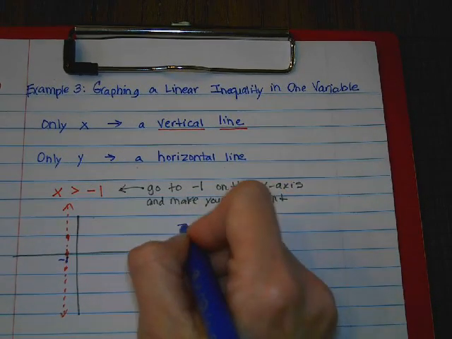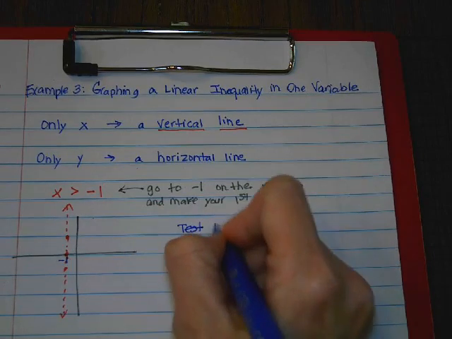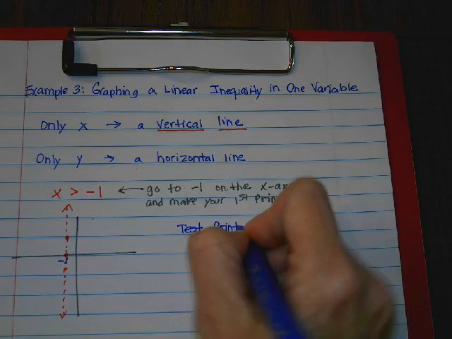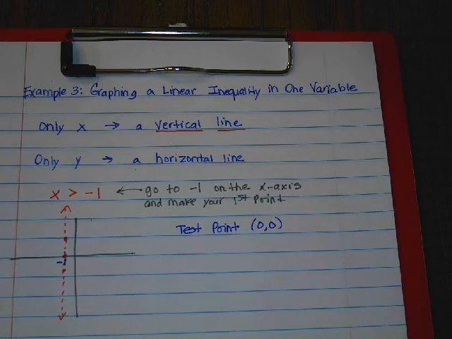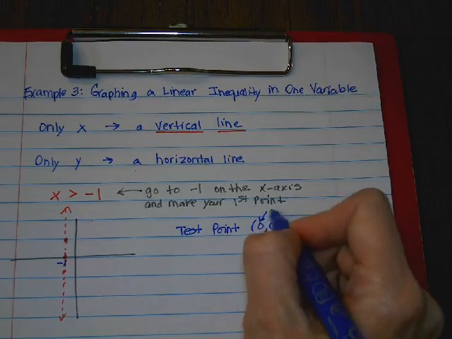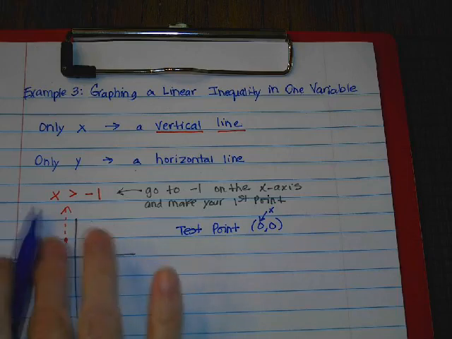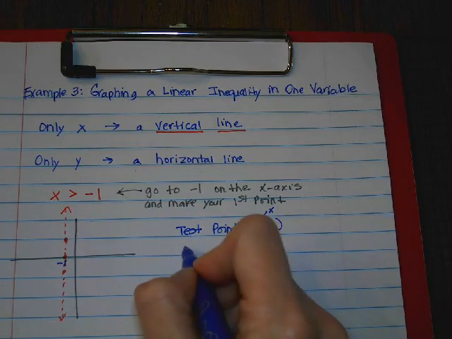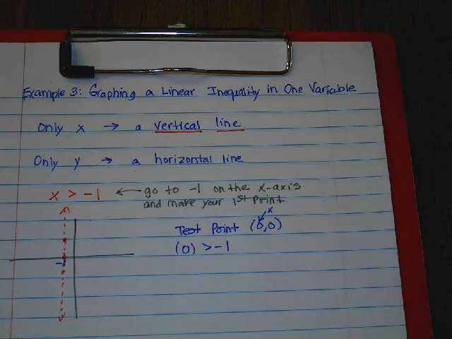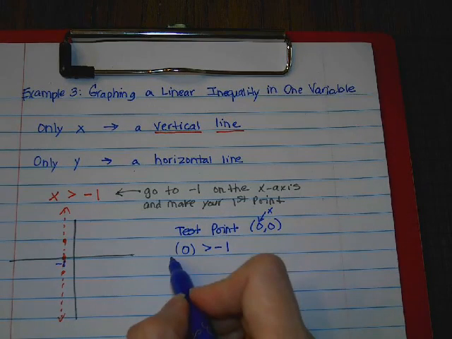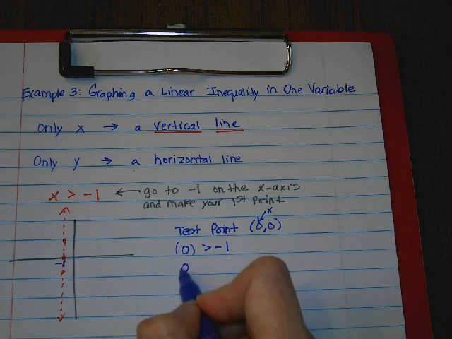But we could still do this with a test point. We could still use our test point of 0, 0, but we only really need the x value since we only have one variable. So we'll replace our x with 0: 0 is greater than -1. And again, there is no value in front of our 0 to multiply by, so we'll leave it 0.